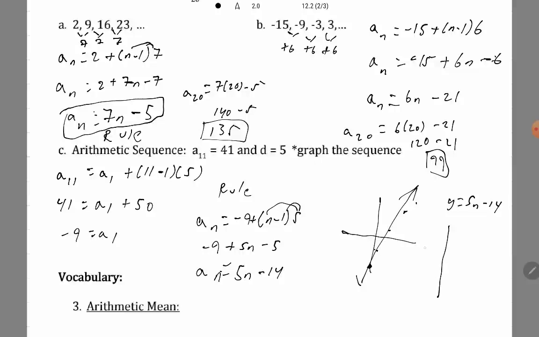If you want to make this a lot more accurate, you can use a table. Here's n, here's a sub n. If I plug 1 in, I'll get negative 9. Plug 2 in, get negative 4. Plug 3 in, get 1.